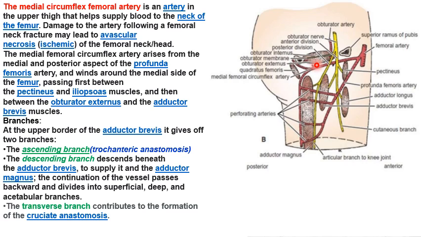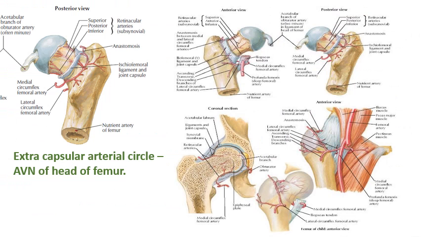So you can see the descending branch descends beneath the adductor brevis, okay, to supply the adductor magnus, anastomosing with the perforating arteries of the profunda femoris artery. And the transverse branch participates in the cruciate anastomosis. So let us see them.